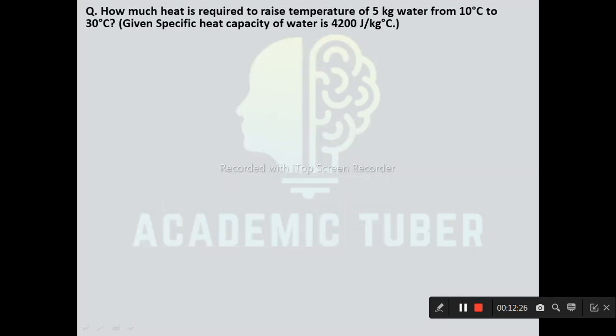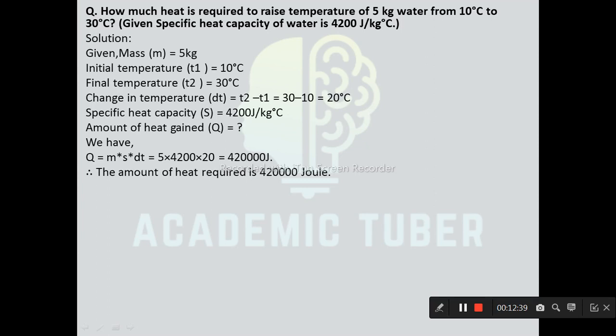So here is one numerical related with specific heat capacity. How much heat is required to raise the temperature of 5 kg of water from 10 degrees Celsius to 30 degrees Celsius? Okay. So here the mass of water is given as 5 kg and the initial temperature is 10 degrees Celsius, and the temperature rises up to 30 degrees Celsius, that is 30 degrees Celsius is the final temperature.